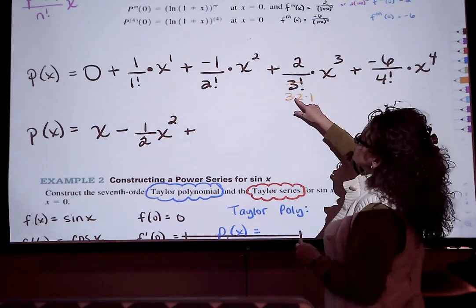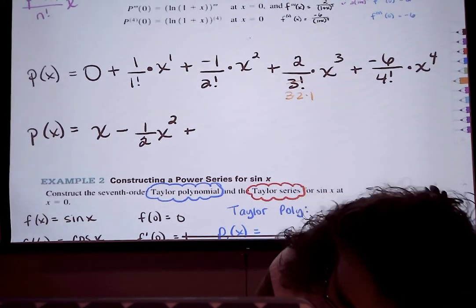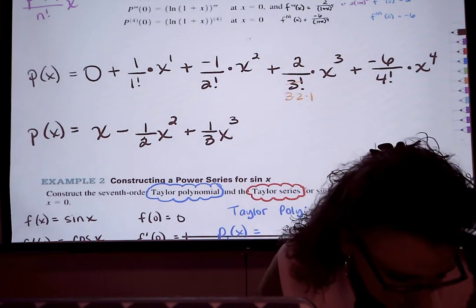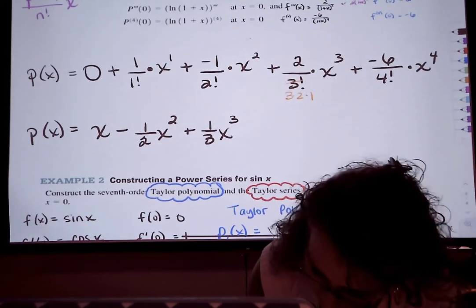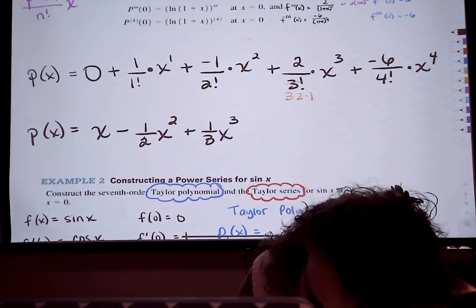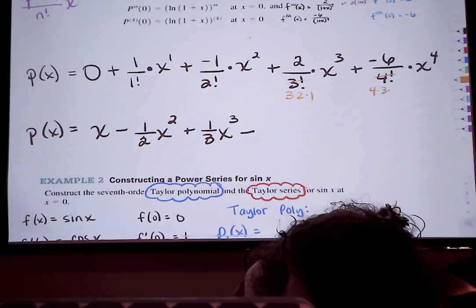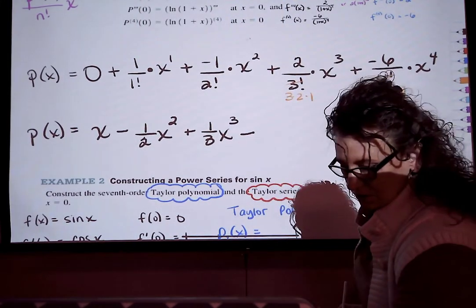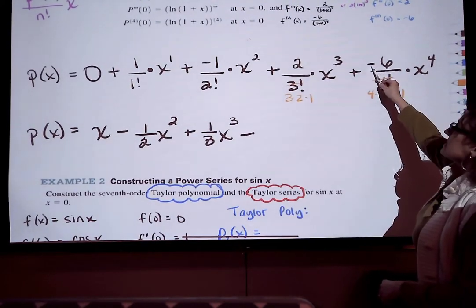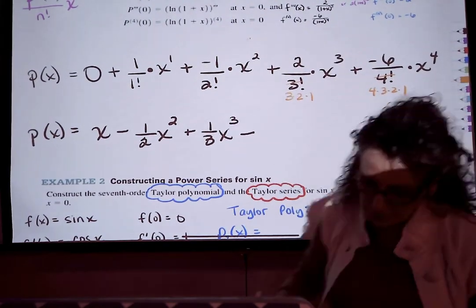So if this is 3 times 2 times 1, this 2 cancels with this 2, and I get 1/3. Minus 4 factorial. What's 4 factorial? 4, 3, 2, 1. So 4 factorial, the 3 and the 2 cancel with the 6. So this is going to be negative 1/4 x to the 4th.